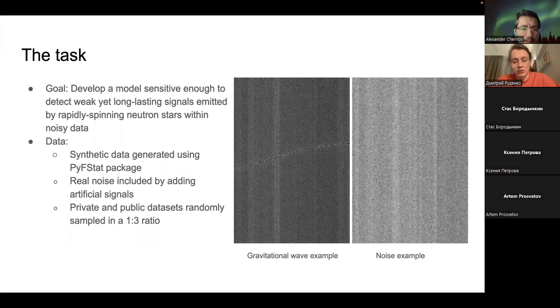But as I said, part of the task was to generate several train sets for yourself using PyFstat. What was PyFstat? It's a special package from the developers of this competition, which is also used as a simulator of signals by the G2 network, which solves the task of gravitational waves analysis.